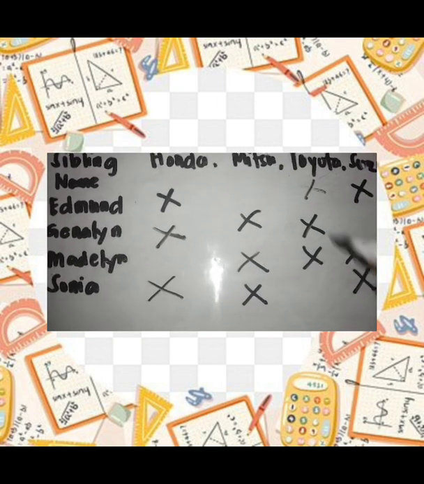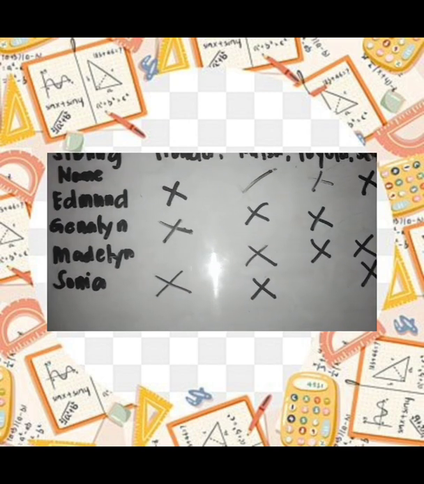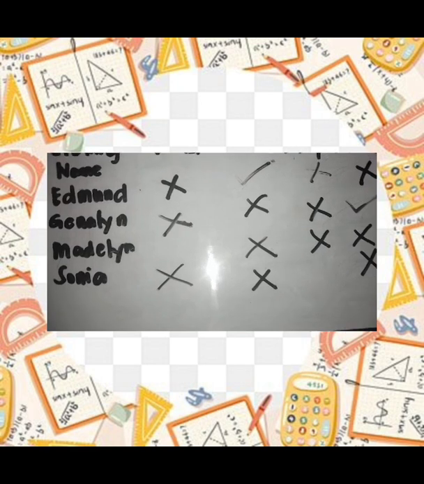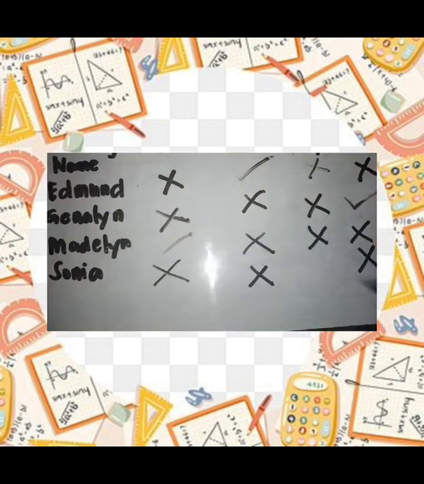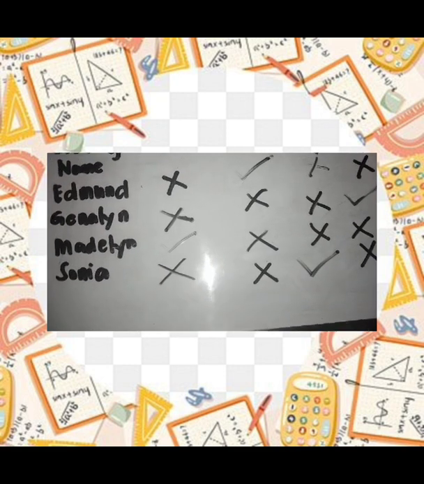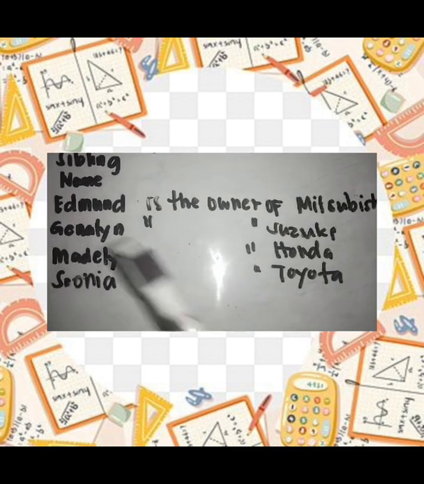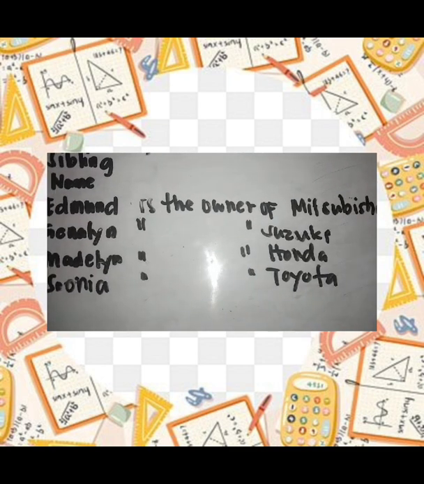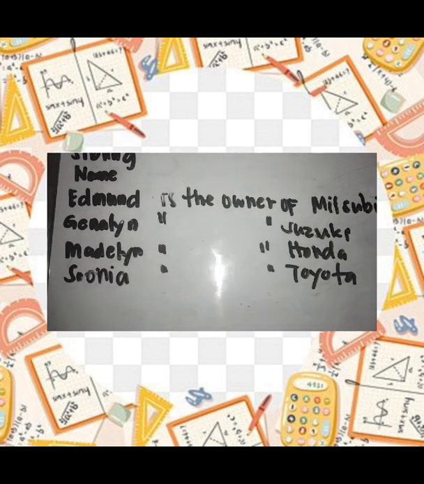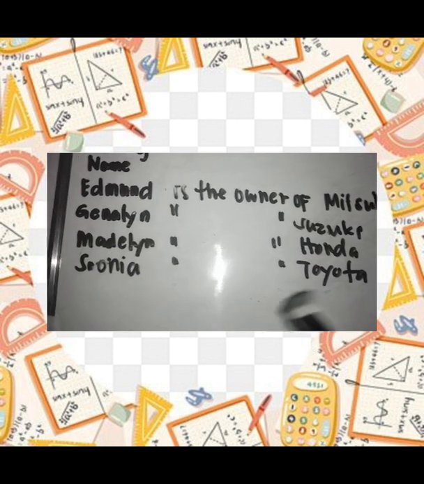Edmund has the Mitsubishi, Jeneline has the Suzuki, Madeline has the Honda, and Sonia has the Toyota. Therefore, Edmund is the owner of the Mitsubishi, Jeneline is the owner of the Suzuki, Madeline is the owner of the Honda, and Sonia is the owner of the Toyota.